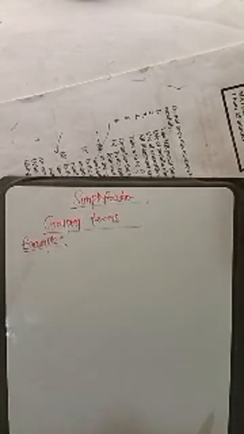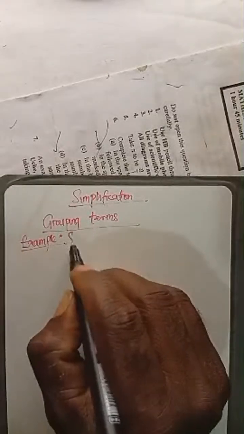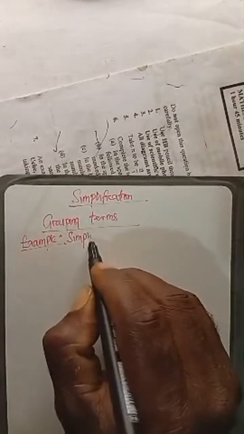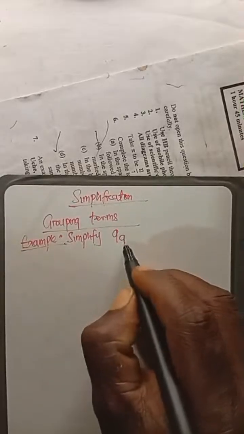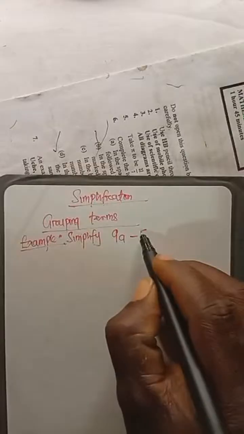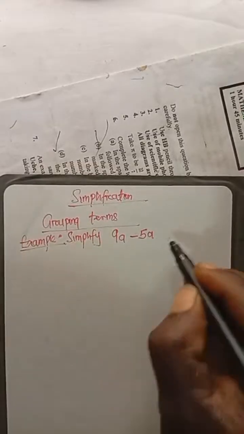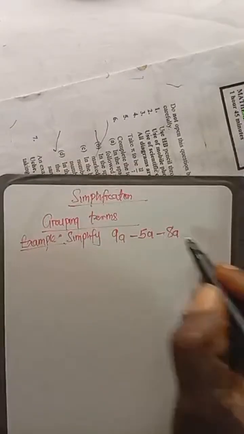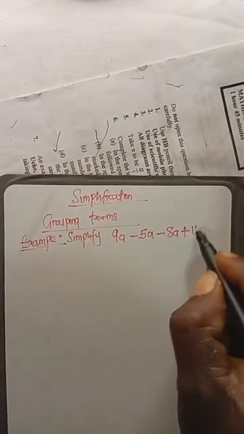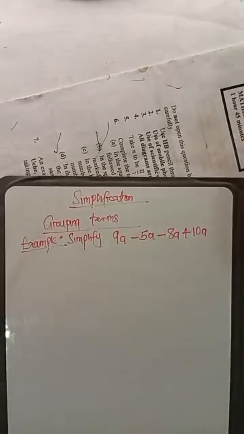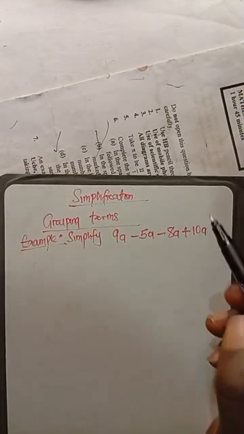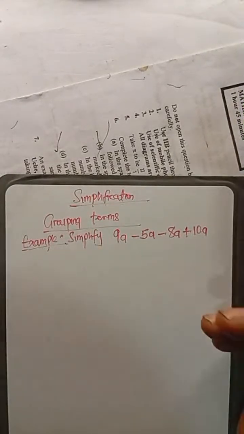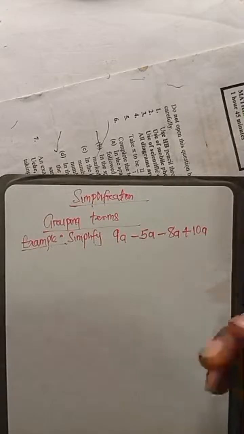The first example says simplify 9a minus 5a minus 8a plus 10a. In solving this question, as it has said, it talks about grouping.